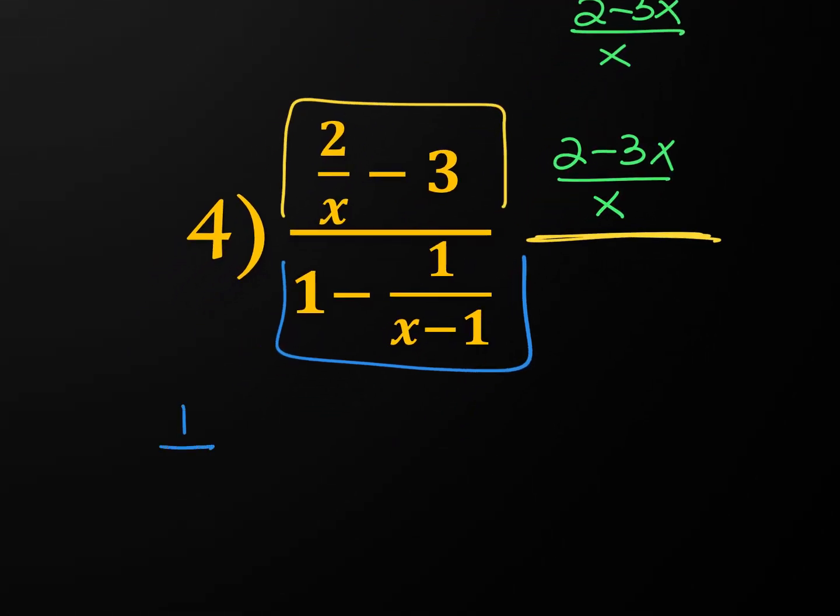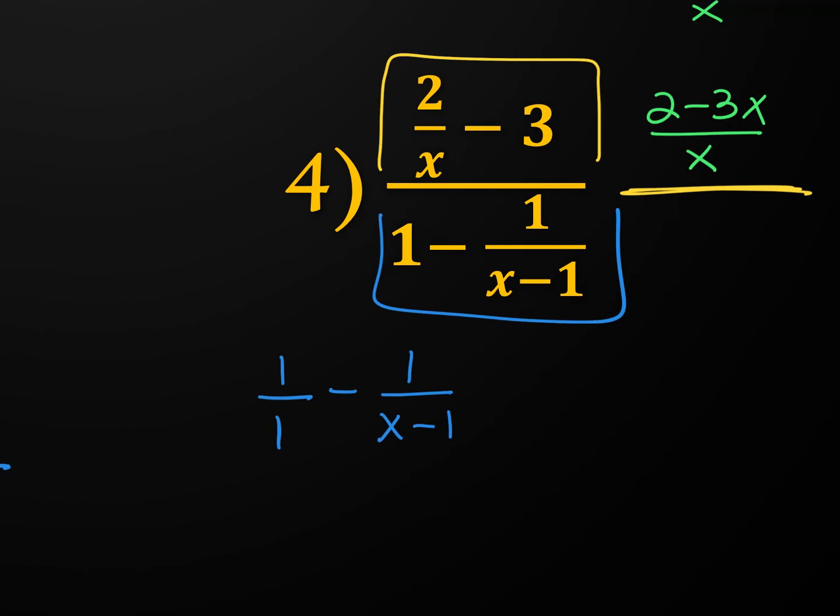So now I could put 1 over 1 if that helps you to turn that whole number 1 into a fraction. Now, remember, in order to find a common denominator, we're multiplying here. I can't just say, oh, I'm going to add it. I'm going to put a negative x there or something. I need to realize that my common denominator is the x minus 1. So I'm going to multiply this by x minus 1, x minus 1. And again, to turn a whole number 1 into a fraction, you just have the other denominator and put it on top of itself.